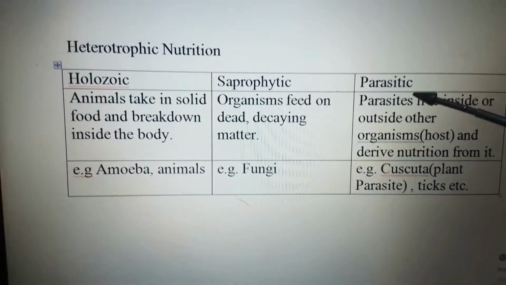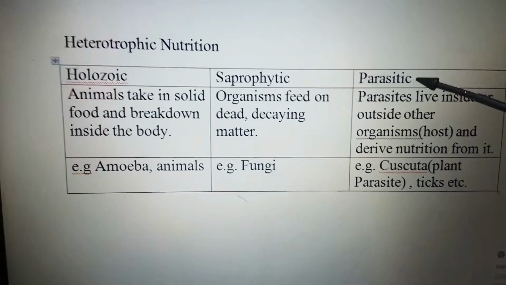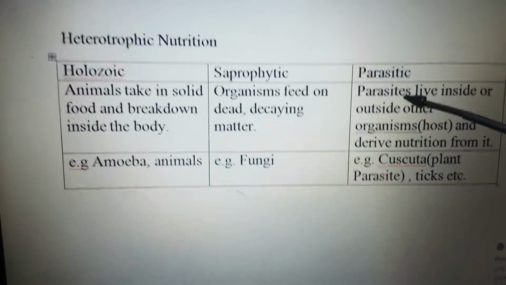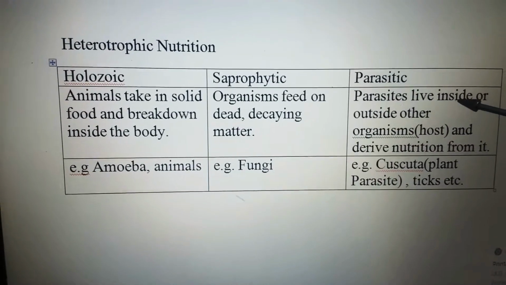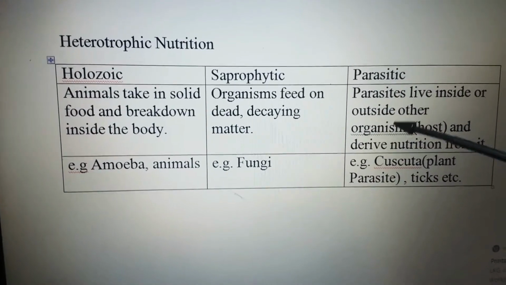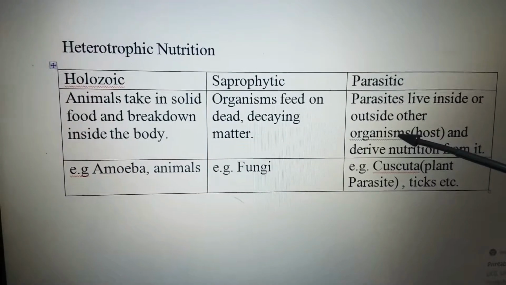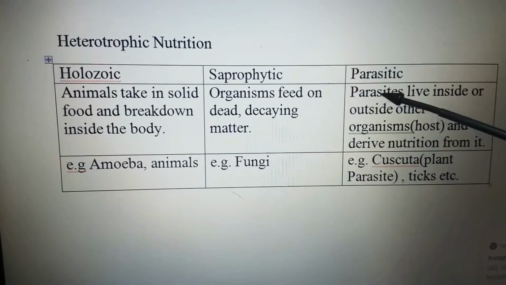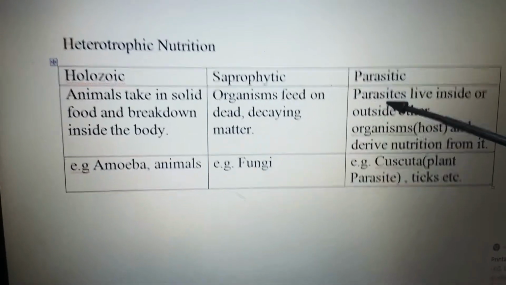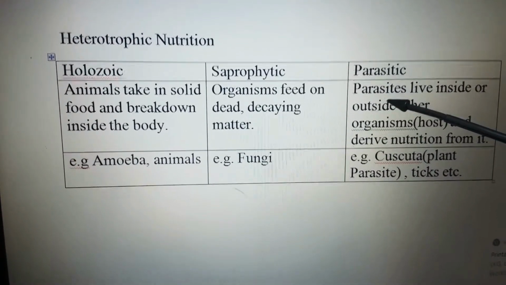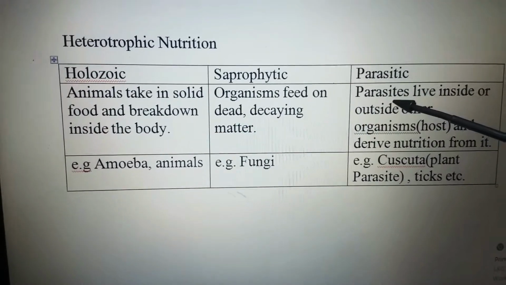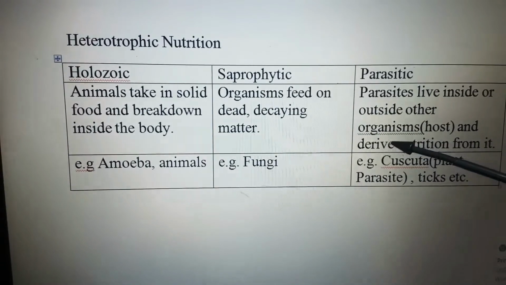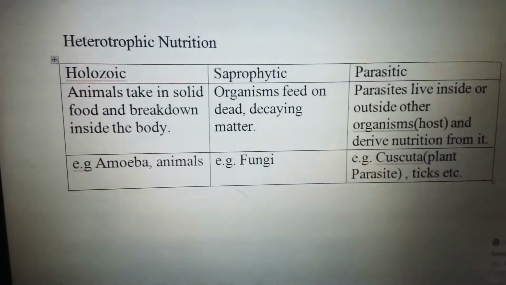Another heterotrophic nutrition is parasitic nutrition. In this case, the organisms called parasites live inside or outside other organisms, and the organisms on which they are dependent are called the host. The organism that lives inside the body of the host is known as the parasite. So there is a host-parasite interaction for the derivation of food.